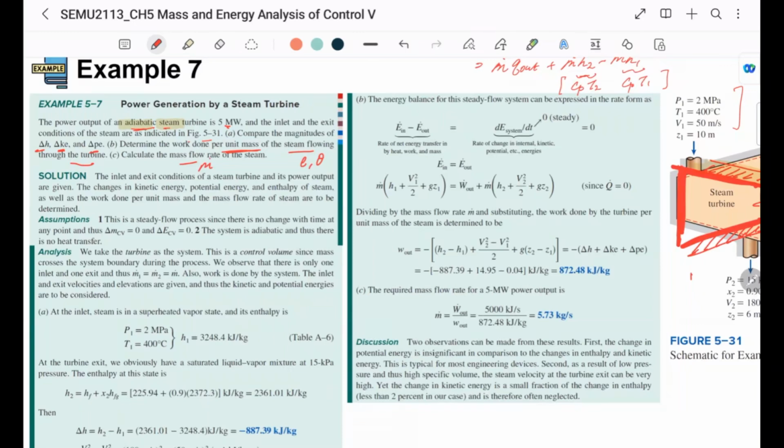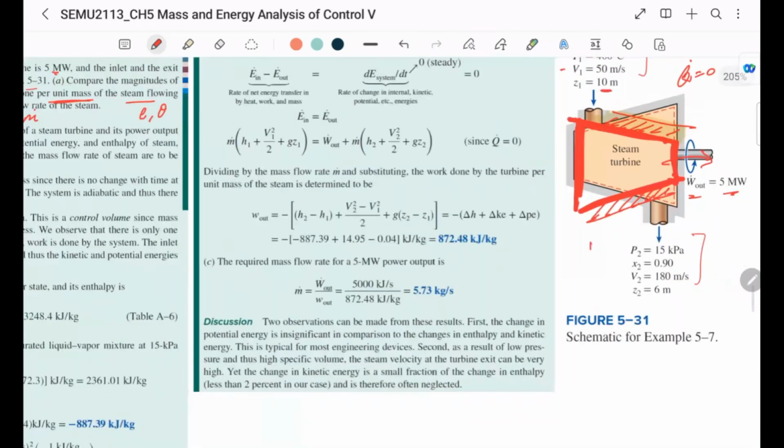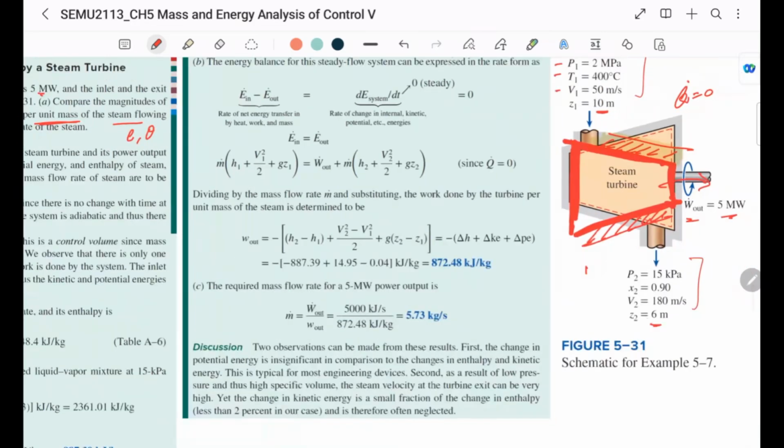Okay, so the first thing to do here, since we have pressure, temperature, velocity, is to notice there is also an altitude. In this example, altitude is changing.